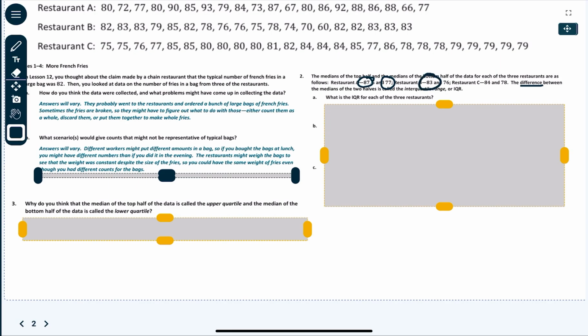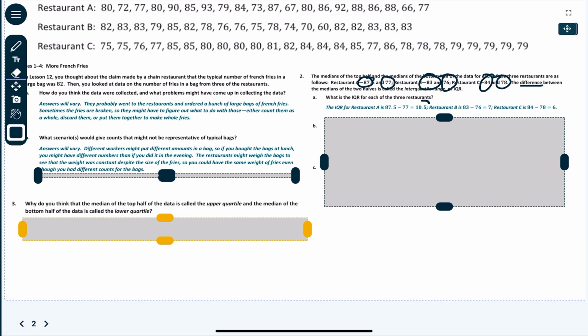Same thing here. Take this median and subtract 76 from it. 84 and 78. And that would give you the 3 interquartile ranges. So 10.5, 7, and 6, because we did exactly what I just said. We would subtract these medians here.